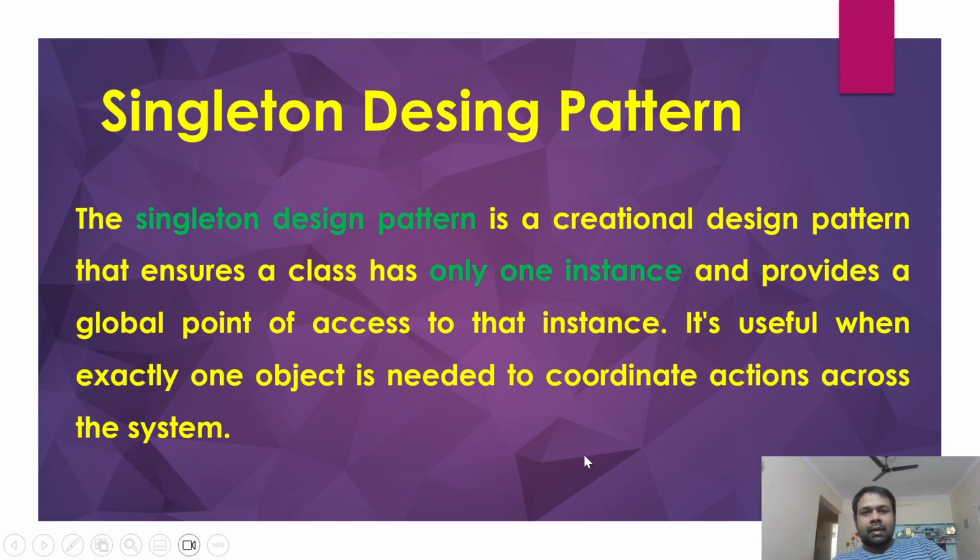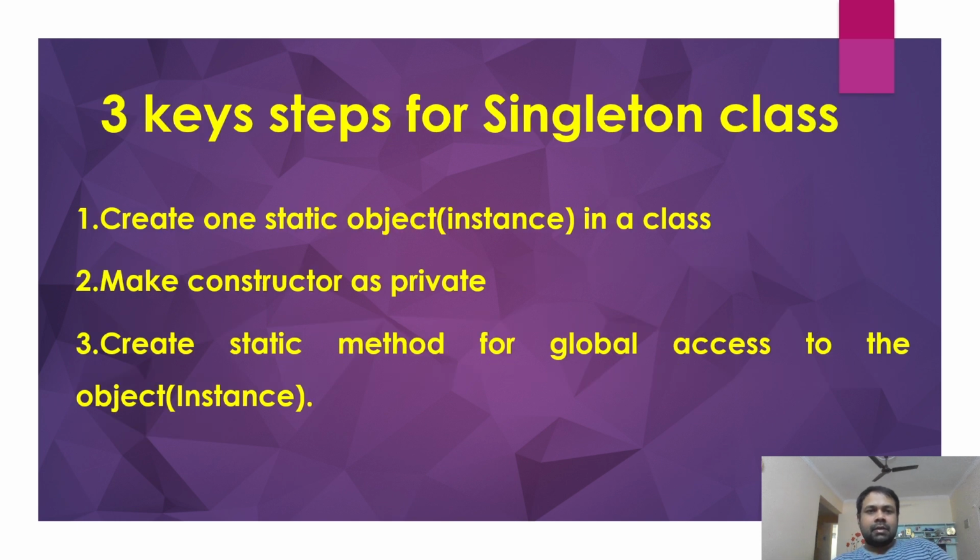For making a class a singleton class, there are mainly 3 steps needed. First, create one static instance in a class, which is an object. A static object is to be created. I will show you how to create that. The second one: the constructor of the class must be declared private. Very important. Generally we write a public constructor. For example, if my class name is employee, I write public employee. The constructor name is obviously the same as the class name.